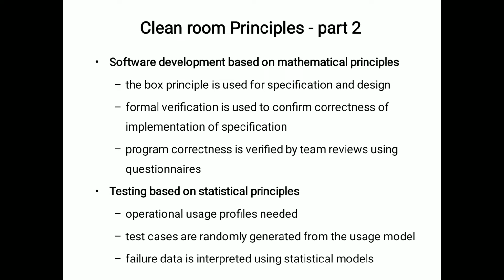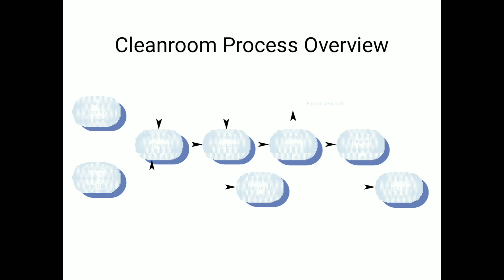And the second part, testing based on statistical principles. An operational usage profile is needed. Test cases are randomly generated from the usage model and failure data is interpreted using a statistical model. Now this is the cleanroom process overview.